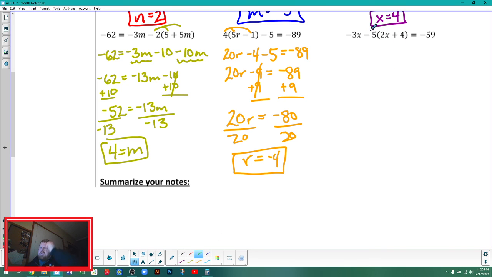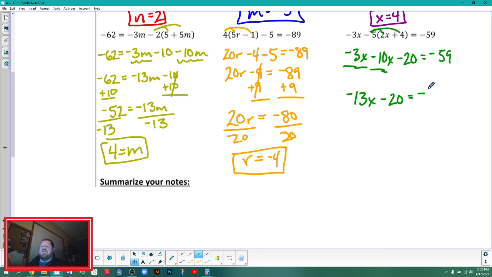So this one I'll stay pretty traditional. We'll do the normal method here. Negative 3x minus 10x minus 20 equals negative 59. Combine my x's, get negative 13x minus 20 equals negative 59.